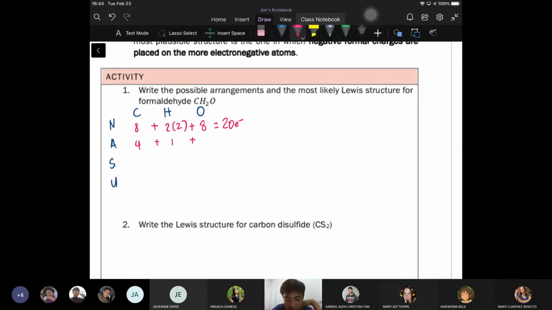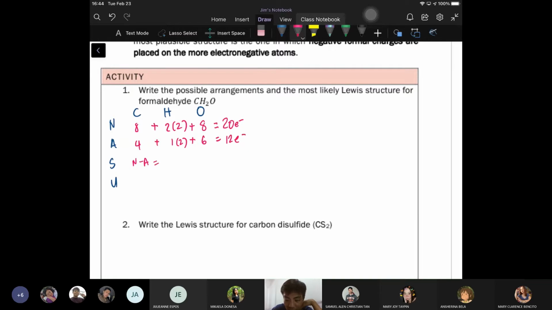And then oxygen, 6 valence electrons. Times 2 pala yung hydrogen, sorry. Okay, so 6 valence electrons for oxygen kasi nasa group 6 siya. So let's add all these numbers: 4 plus 2 plus 6, so that will be 6 plus 6 or 12 electrons.